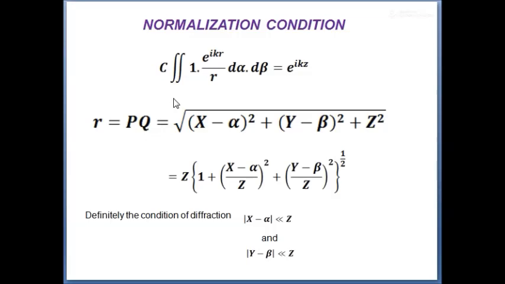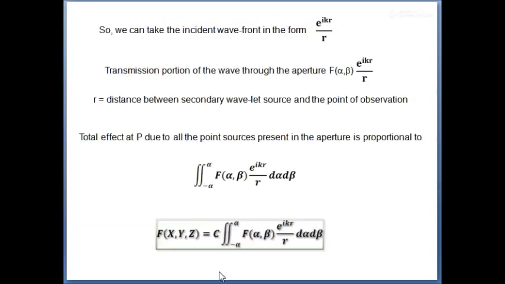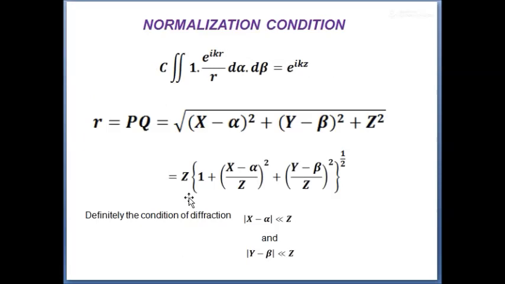I left out the integration limit, minus infinity to plus infinity, because when you multiply the f(alpha, beta) function with the spherical wave, there is no need to integrate from minus infinity to plus infinity, because the region outside the aperture has zero diffraction effect according to the form of f(alpha, beta), right?